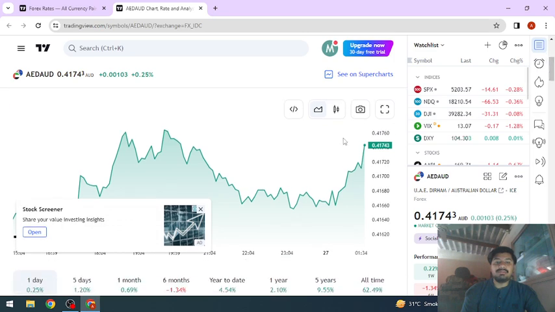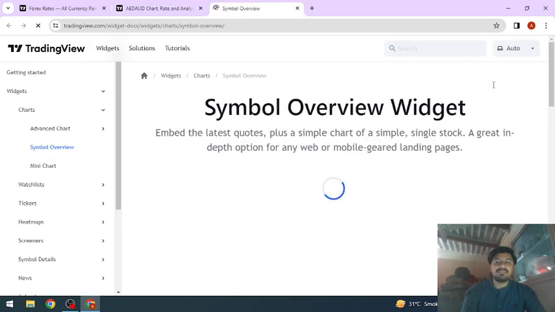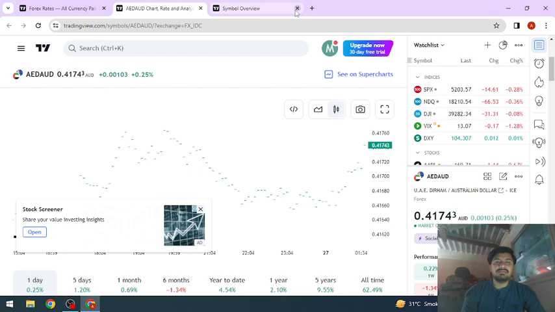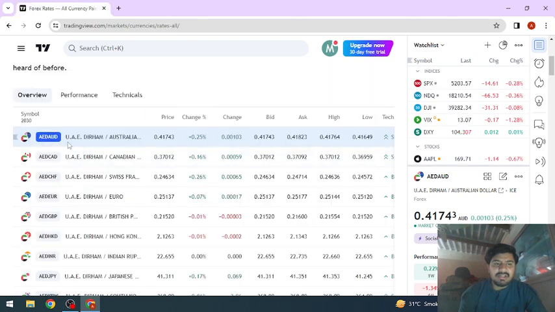If we talk about the charts, when I click on candles, symbol widgets, we see the candle, and I click again on Dubai and Australian dollar.